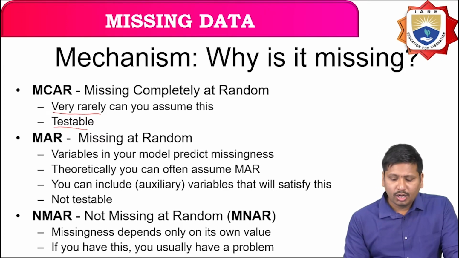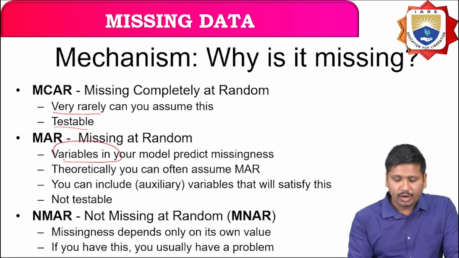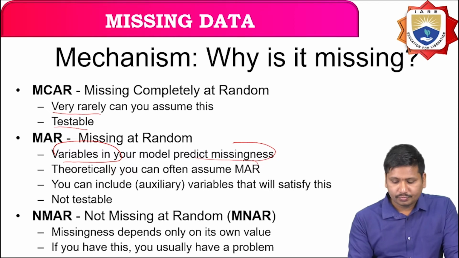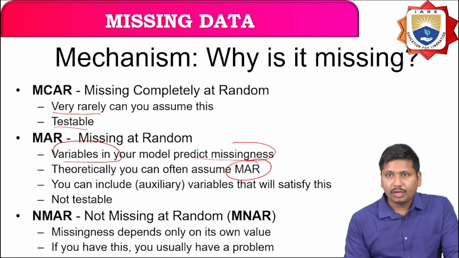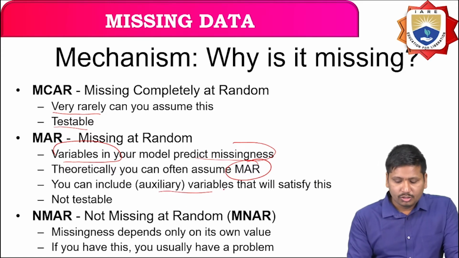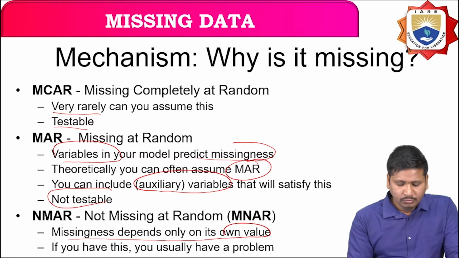Here the variables are taken out, and then you have to identify the predictors, and theoretically you can assume MAR, and then you can also include the variables that will satisfy. Auxiliary variables are going to be identified here, and no testing needs to be performed in missing at random cases. Similarly, in not missing at random cases, the missingness depends only on its own value.